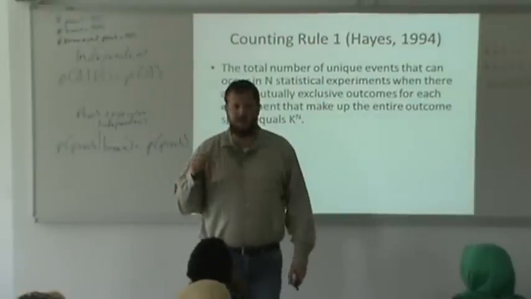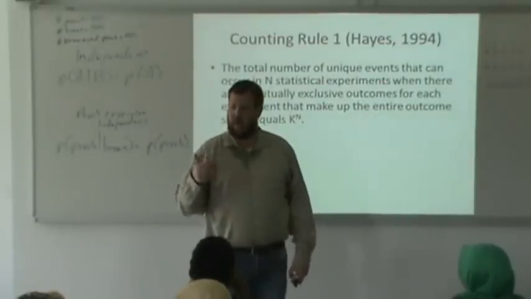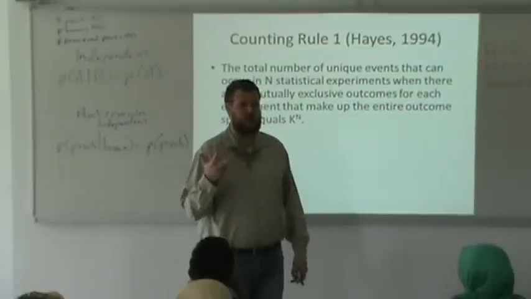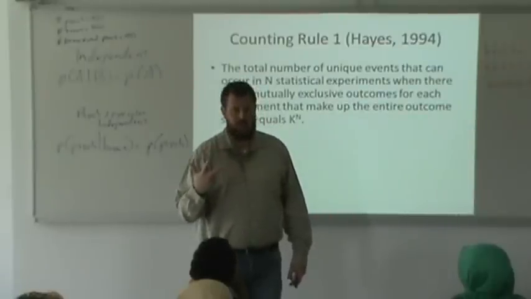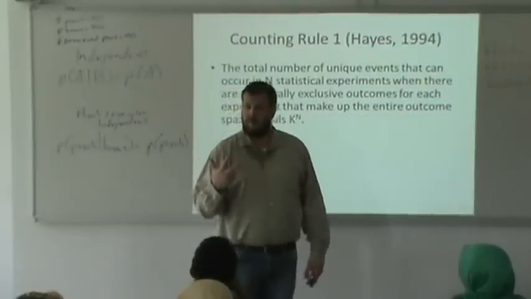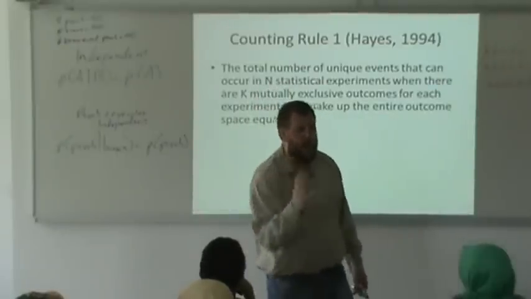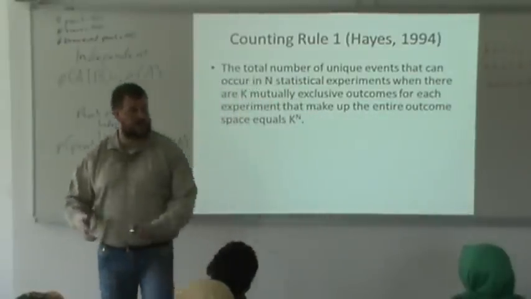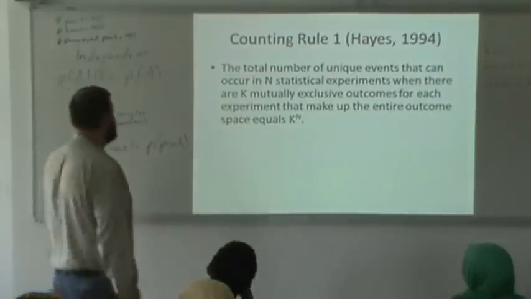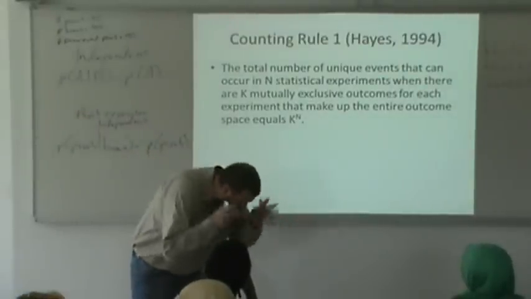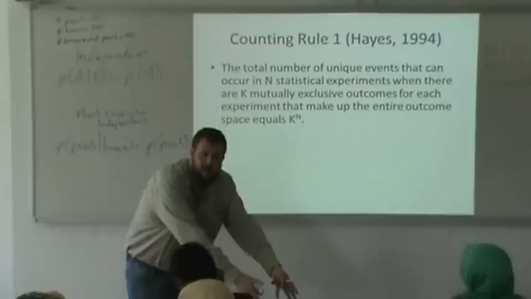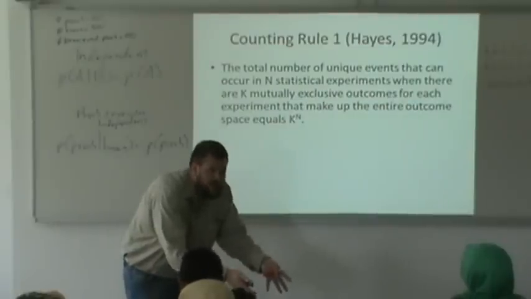When we're talking about students in this classroom, we had history, psychology, and sociology. What does K equal? 3. If we are rolling a die, K equals 6. So it's just the number of different outcomes that you could potentially see.